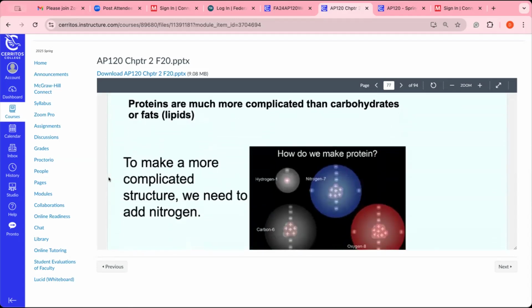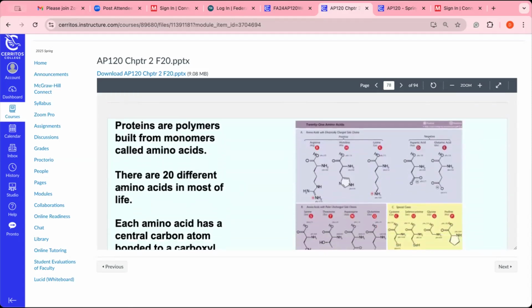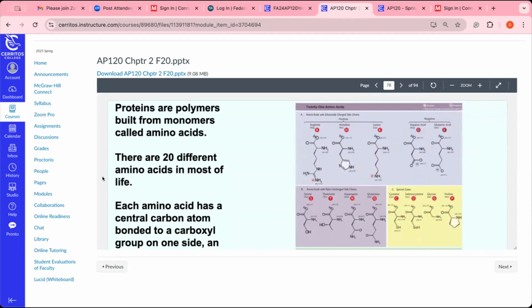Proteins are much more complicated than carbohydrates or fats. To make a more complicated structure, we need to add nitrogen. You have carbon, hydrogen, and oxygen; if you want to make it more complicated, you add nitrogen. Proteins are polymers built from monomers called amino acids.